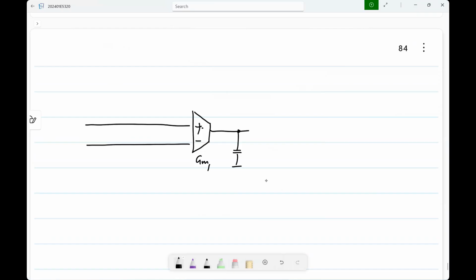But when I'm looking for stability criteria, which region am I concerned with? Where the Nyquist plot enters the unit circle, basically where the loop gain becomes close to 1. I don't care about DC. Whether the DC gain is 1000 or 10,000 doesn't make any difference. So it's easier, and I'll do this.